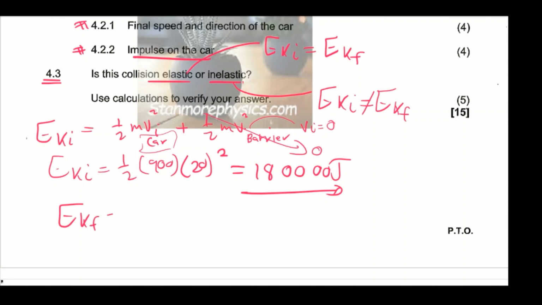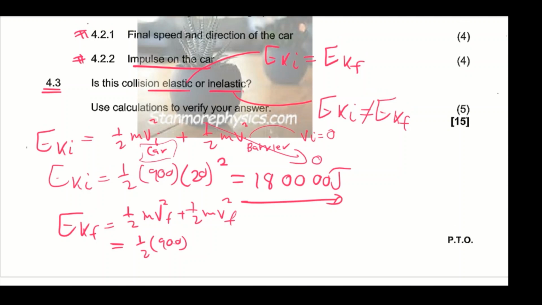EK final, which equals 1 over 2 mv squared final plus 1 over 2 mv squared final. I'm going to start with the car, so it's going to be 1 over 2, the mass of the car is 900. The velocity of the car we calculated in the previous question 4.2.1 as the final velocity of the car, and we found it to be 0.16 meters per second.